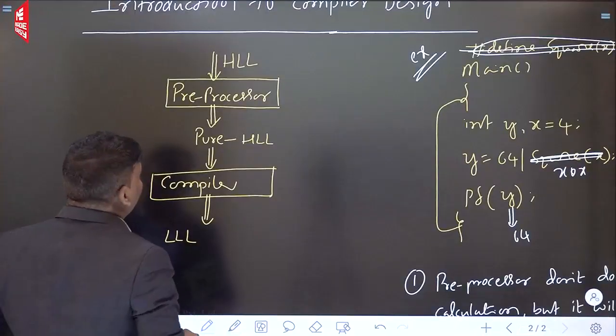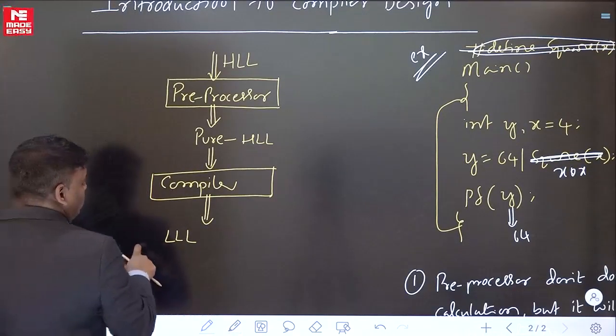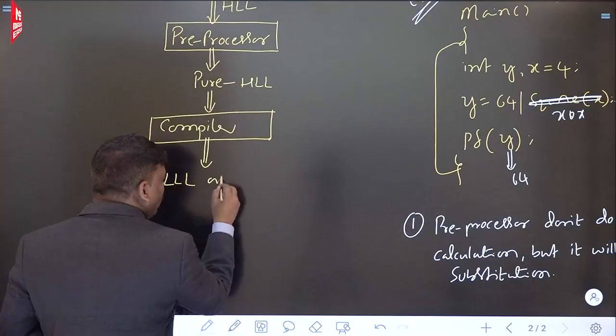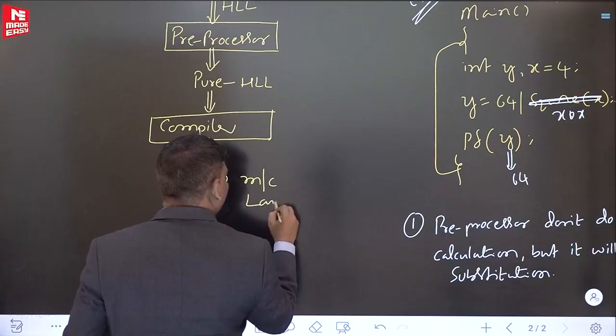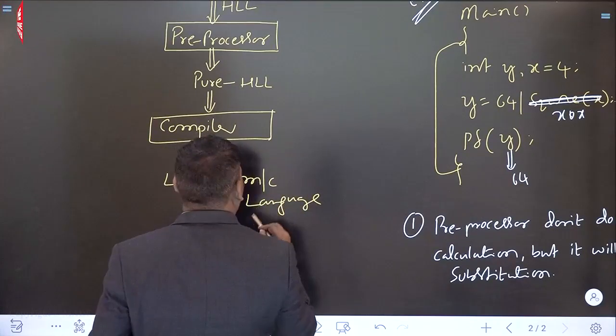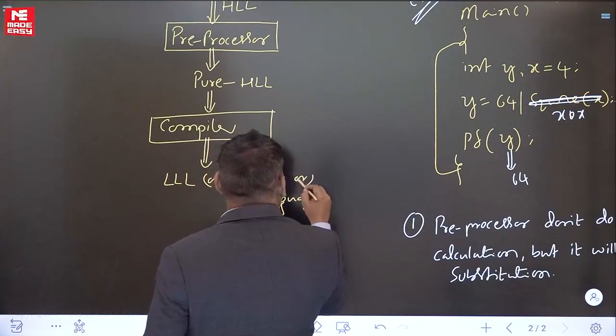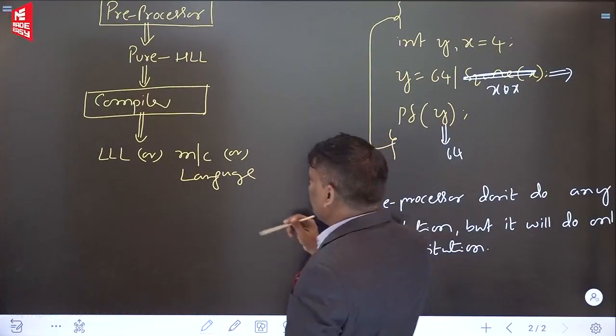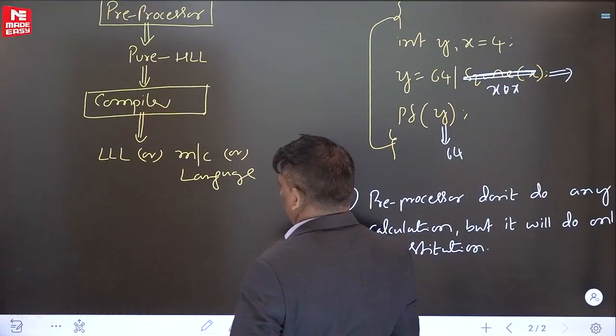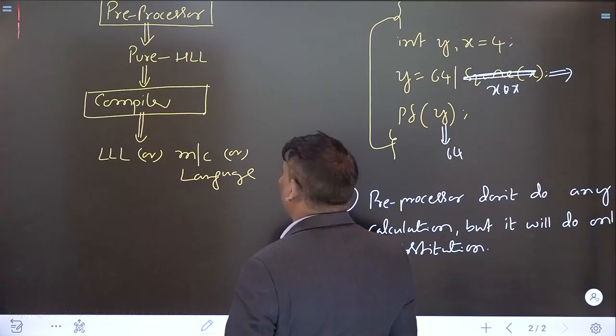Now see this: compiler input is pure high-level language, output is low-level language, which is also called, what is another name? Machine language. Low-level language, machine language.